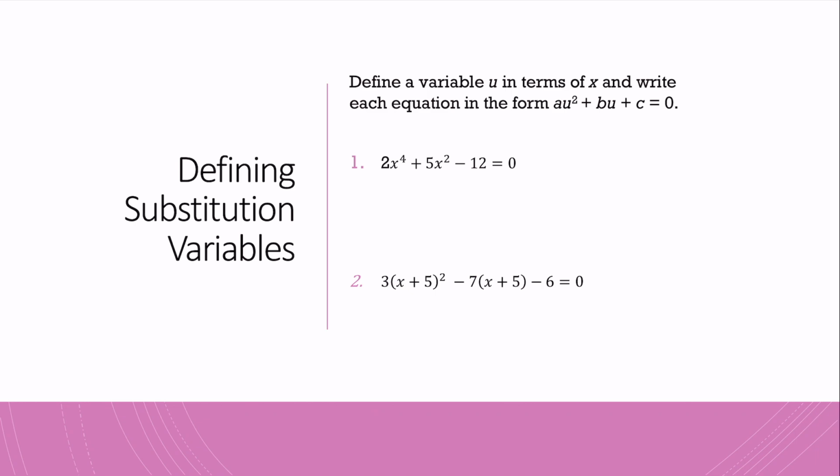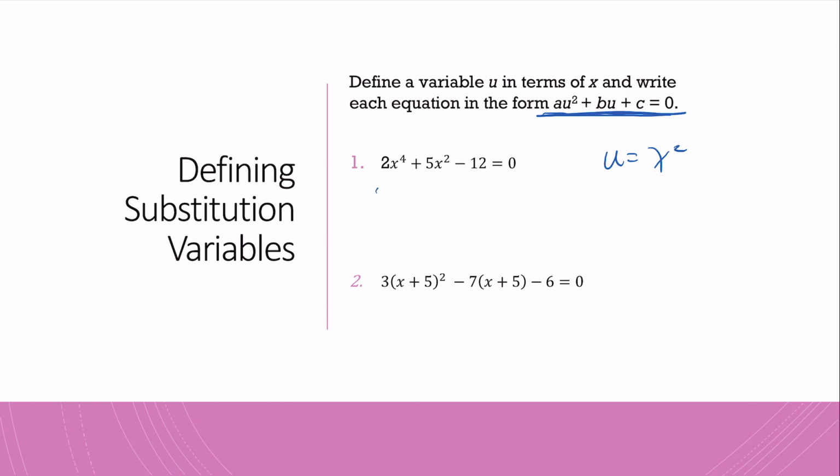So let's practice defining our substitution variable. Let's define u in terms of x and write each equation as au squared plus bu plus c. So here in example 1, I've got 2x to the fourth plus 5x squared minus 12. Well, here our u would be x squared.